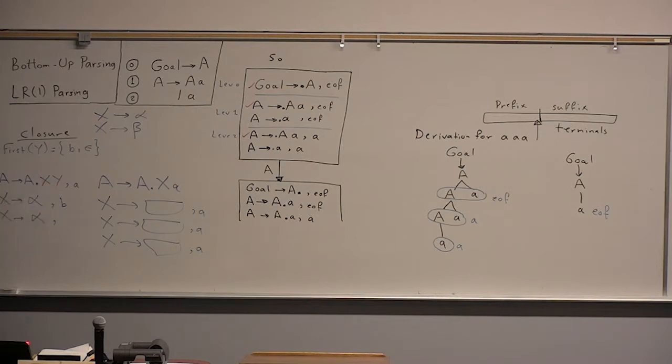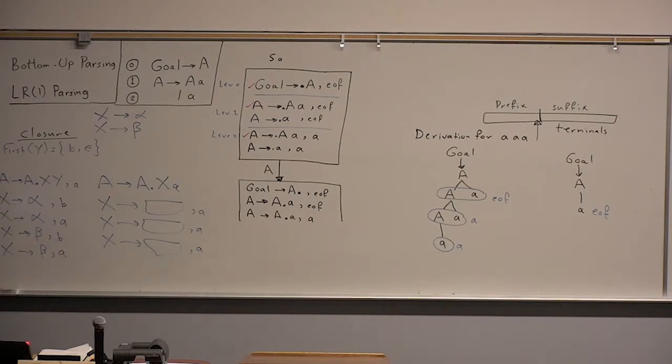Because Y may be epsilon. Okay, so X goes to alpha followed by an A, and X goes to beta followed by a B, and X goes to beta followed by an A.